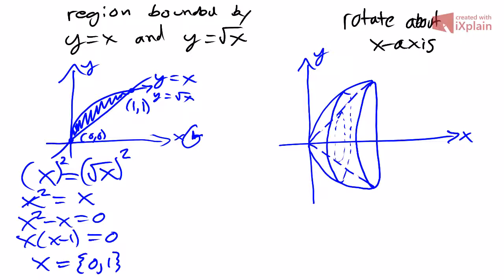We still have a horizontal axis of rotation, so we're gonna have dx, so everything's gonna be in terms of x's. Okay, so how we can do this is we have two different radii. All right, so we have a large radius and a smaller radius.